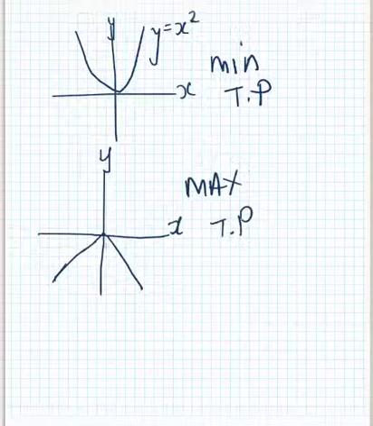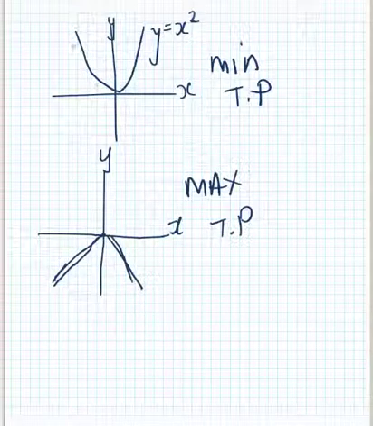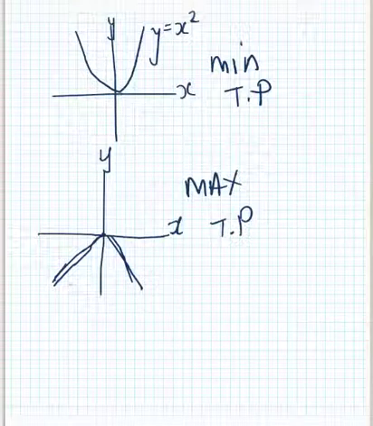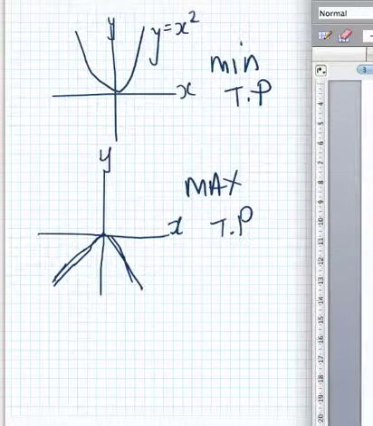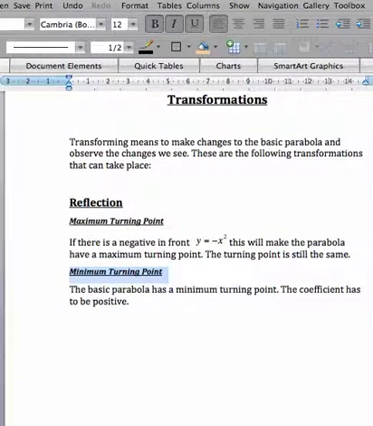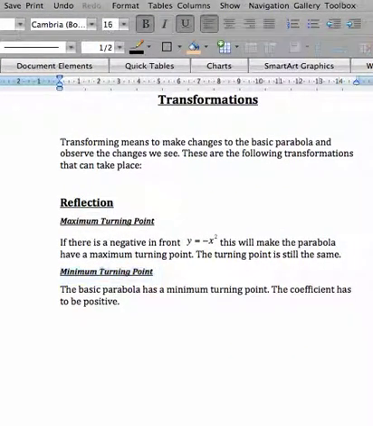This one is like a dip that's going low, reaches the lowest point and goes back up. This reaches the highest point and goes back down. So we can have a maximum or a minimum turning point, and the basic parabola has a minimum turning point. Okay, so that's what reflection means.